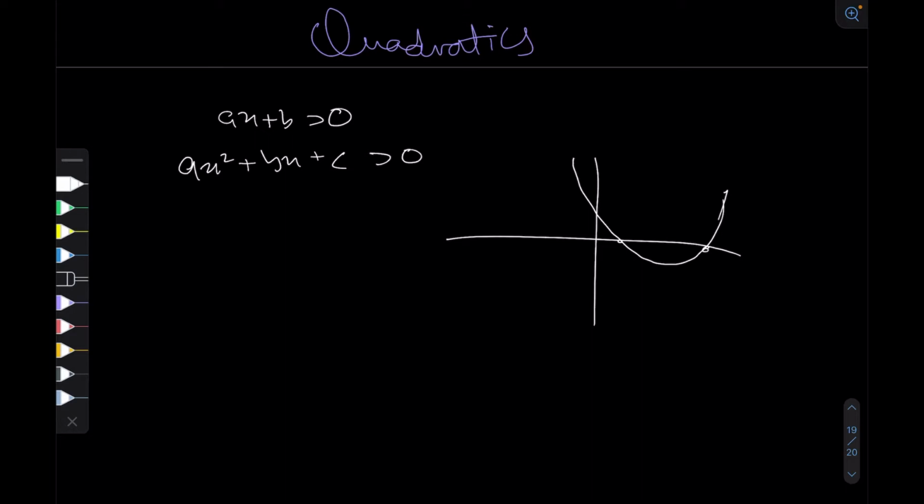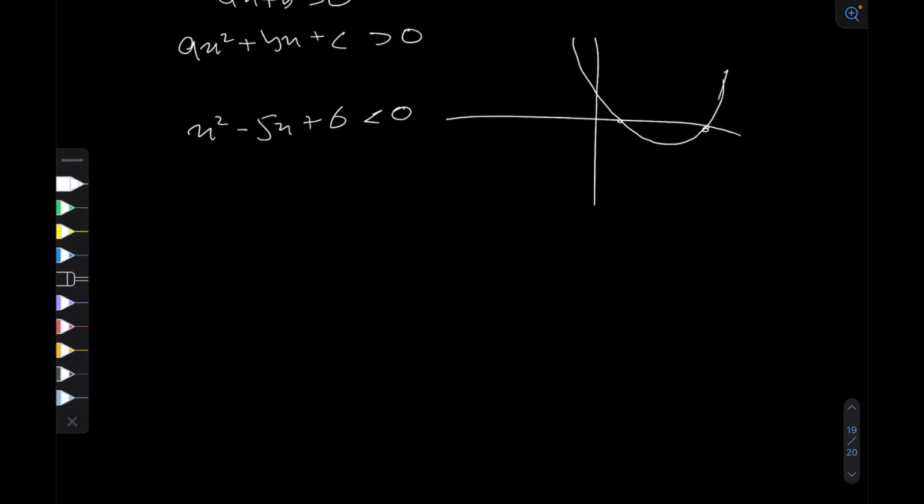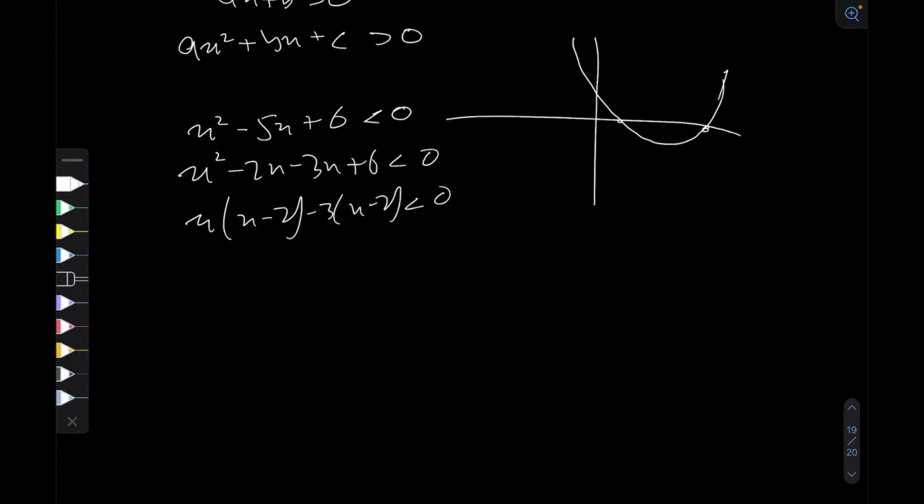Say x squared minus 5x plus 6, and I want the values of x for which this is negative. The very first thing I will do to solve this is factorize it. I can see that this can be factorized by middle term breaking: (x minus 2)(x minus 3), all the usual stuff, we get our factors.